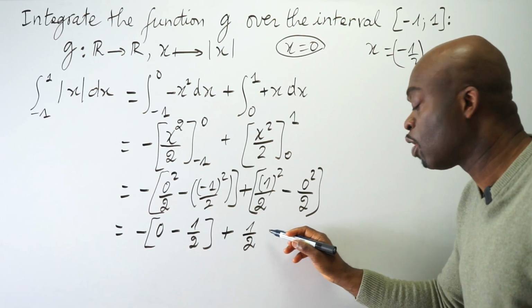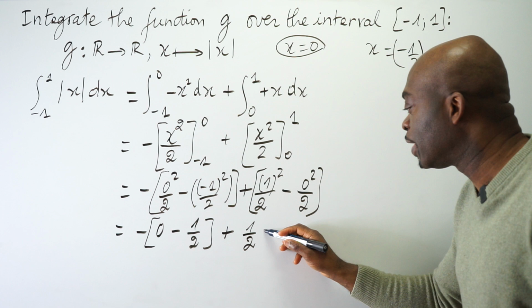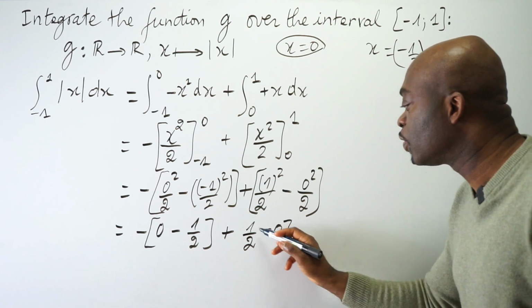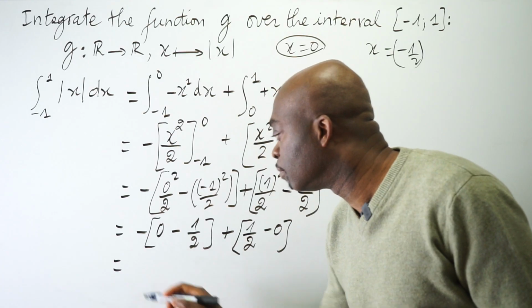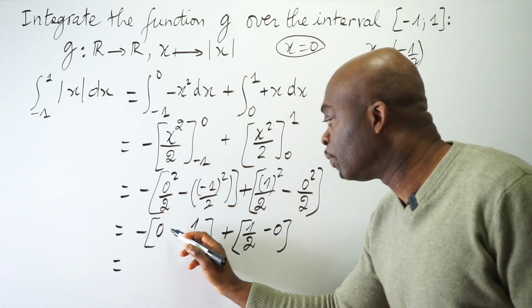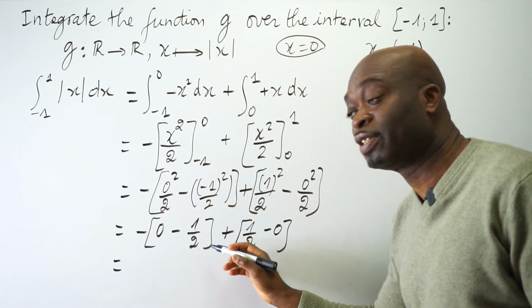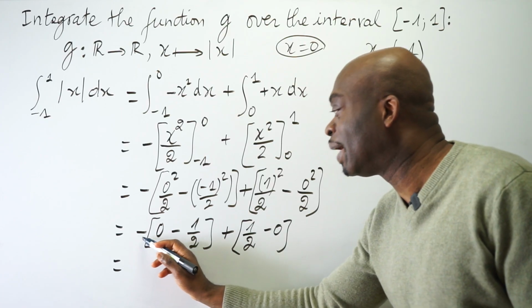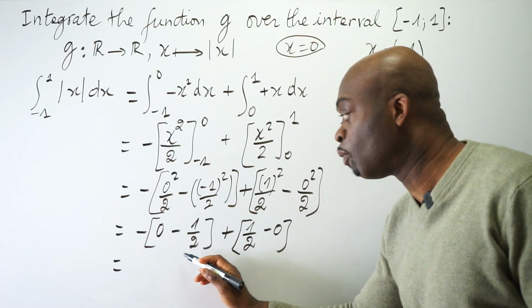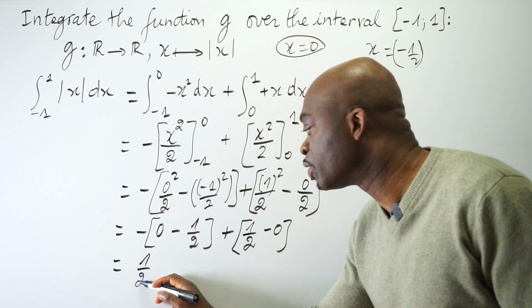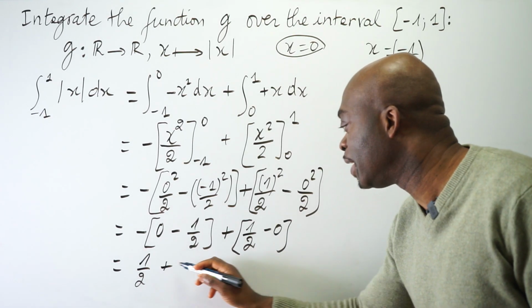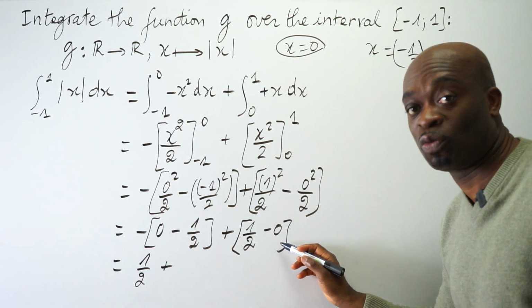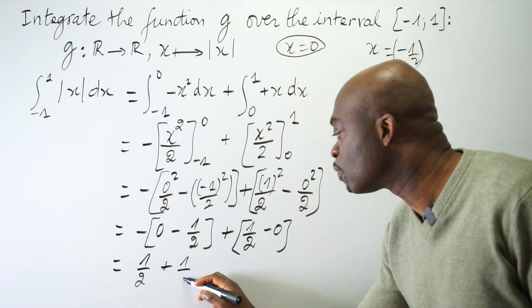So we have minus 0 for now. Keep going: 0 minus 1 over 2 is negative 1 over 2, and applying the negative sign it becomes positive 1 over 2. And then, plus 1 over 2 minus 0 is 1 over 2.